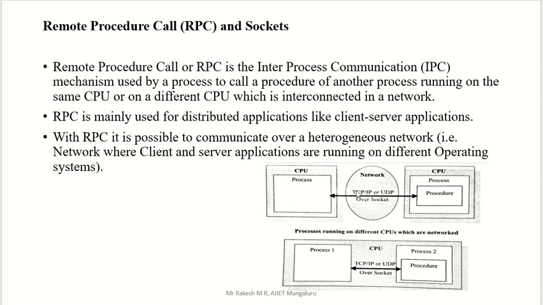First we saw three methods. What is the first method in interprocess communication? Shared memory. There we use one common memory area, and communication between process 1 and process 2 happens through that common memory area. Everything is put in that common memory area, and the other process takes everything from there. That is the first one, shared memory.